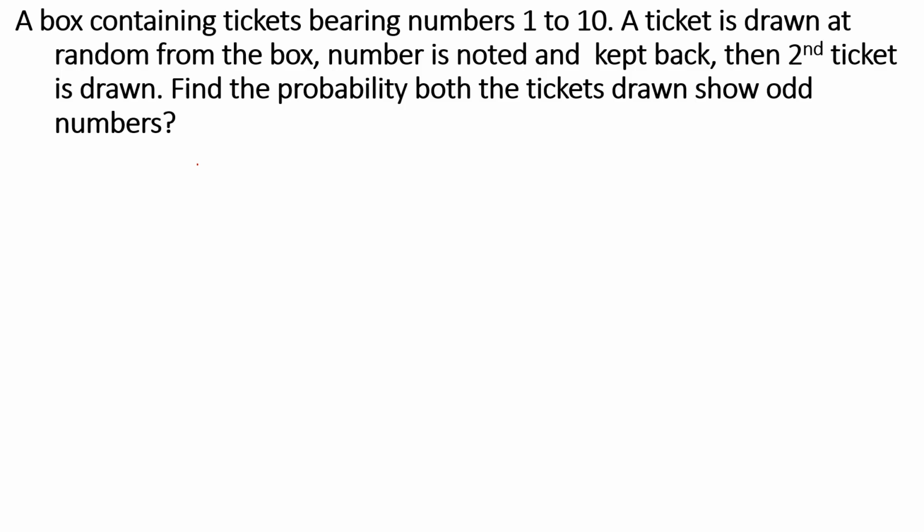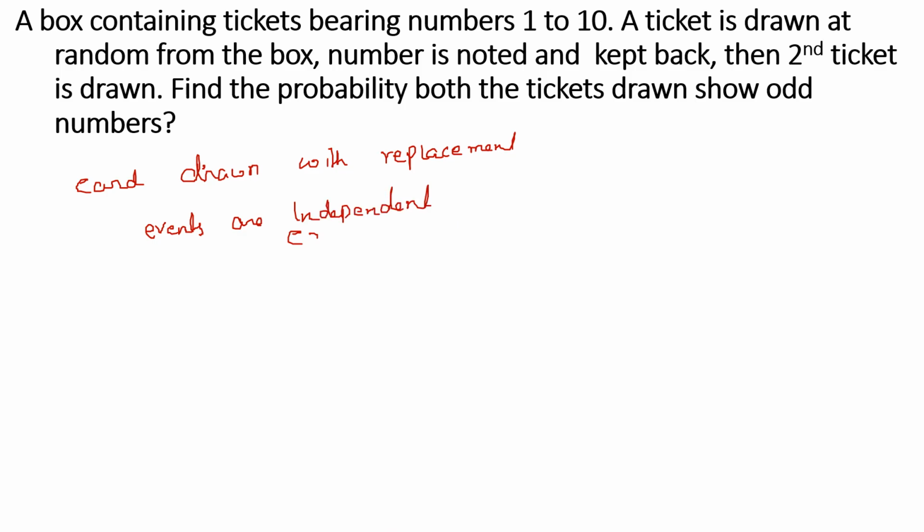Here, cards are drawn with replacement. So when the cards are drawn with replacement, the events are independent. The first and second events are independent.